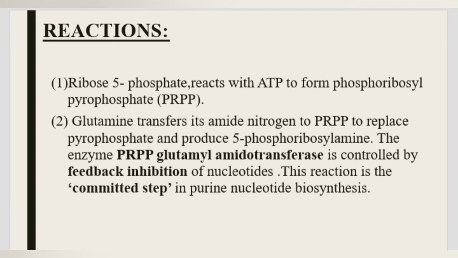The enzyme PRPP glutamyl amidotransferase is controlled by feedback inhibition by nucleotides. So this reaction is the committed step in purine nucleotide biosynthesis.